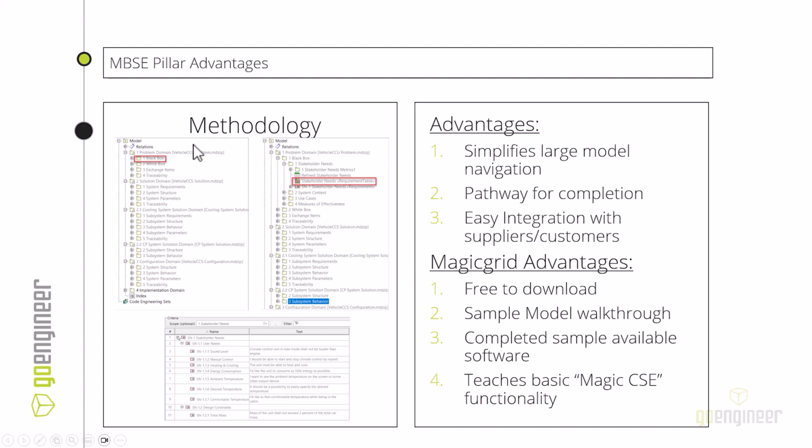But your methodology is really how you're going to go about building your project, what steps you need to take, and also how you're going to organize your containment tree. And some of the advantages of using a specific methodology, even if you come up with one and document it properly, will allow for the simplification of large model navigation.